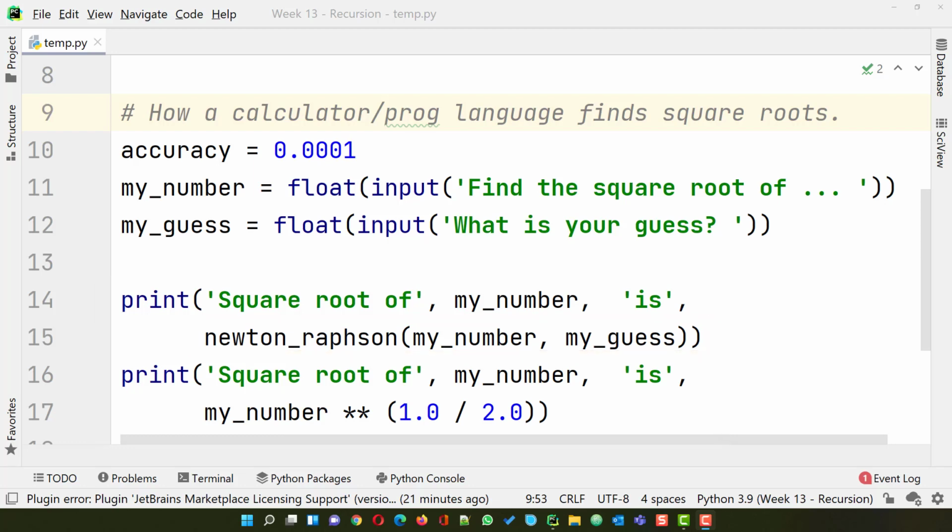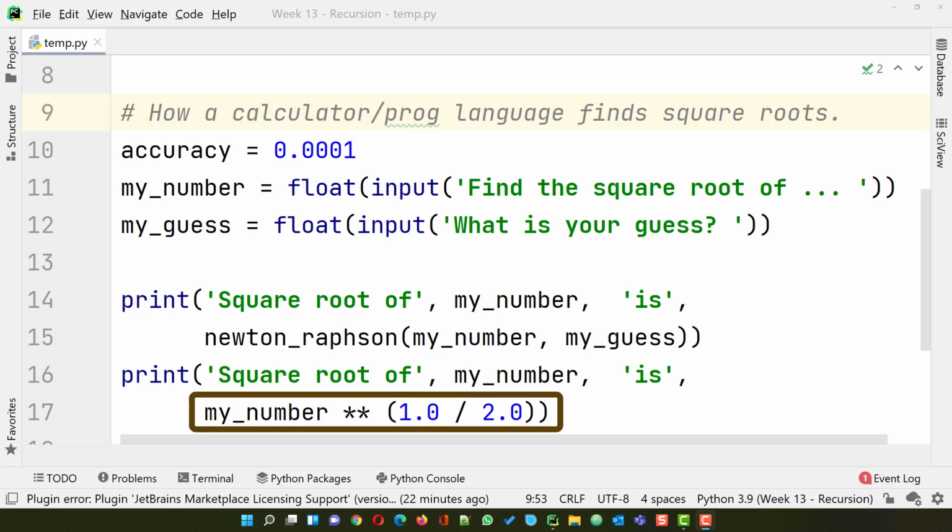As a check, we're also going to use the system that the programming language, in this case Python, uses to find the square root. So we're going to do the same thing again. The square root of my number is, but this time we're going to use a bit of trickery. My number to the power of 1 divided by whichever root it is I'm looking for. So in this case I'm looking for the square root, so that's 2.